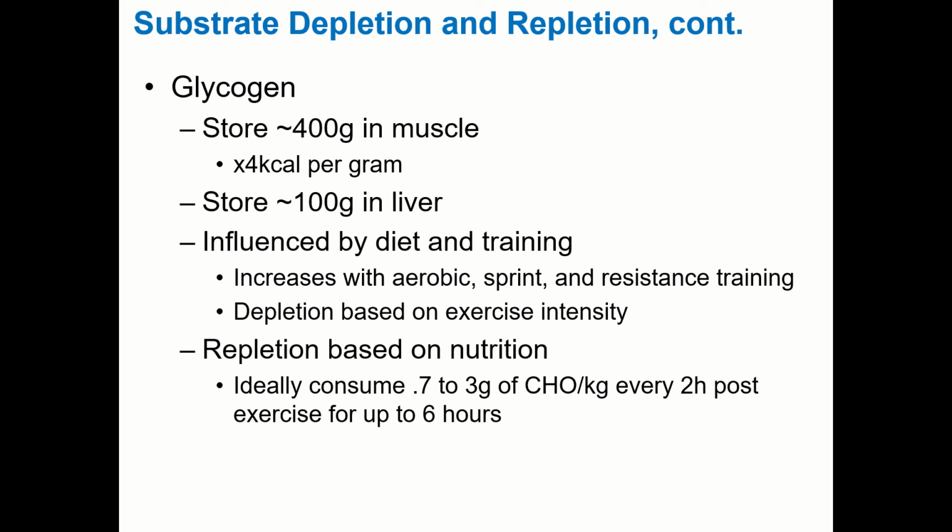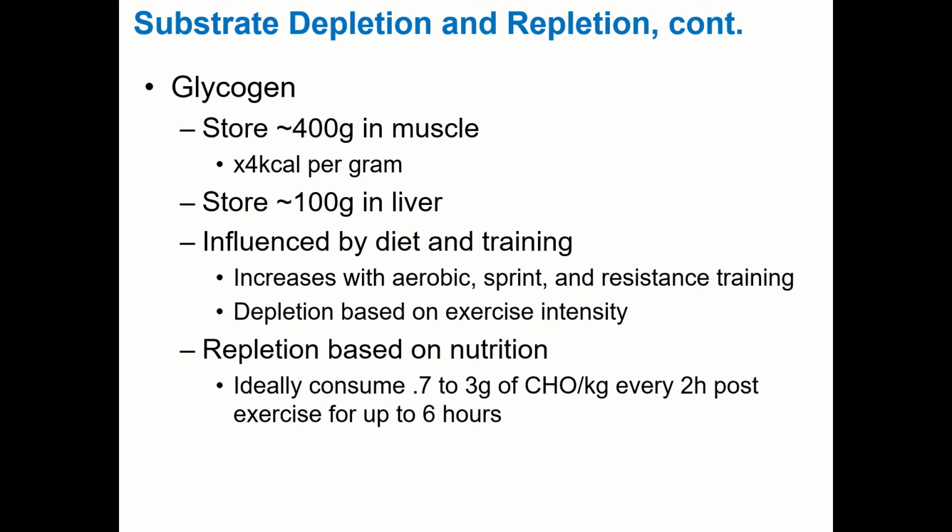Glycogen stores are influenced by diet and training. If you have a low carbohydrate diet, that'll deplete your glycogen stores. If you have a high carbohydrate diet, that can increase your glycogen stores. With training, right? So one of the things that we can do is with higher intensity training that includes lifting or running or any other type of high intensity aerobic activity, not just running, then what you're going to do is in those trained muscles, they're going to store more glycogen.